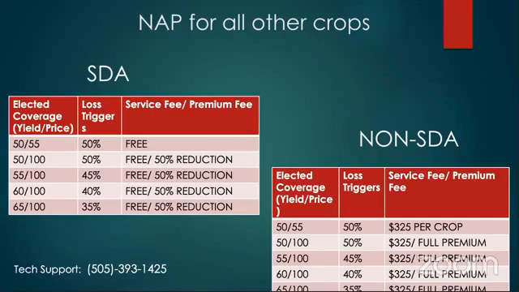If you can fall into any of those socially disadvantaged categories, either being socially disadvantaged, limited resource, or a beginning farmer or rancher, the cost for this program significantly decreases. So anybody out there that's got anything potential that we can cover in NAP, I definitely would urge you to apply. Next slide, please.